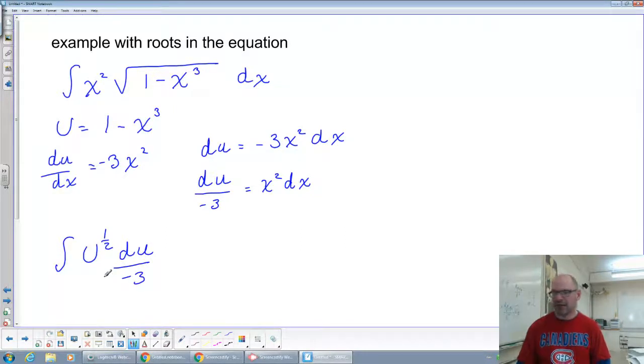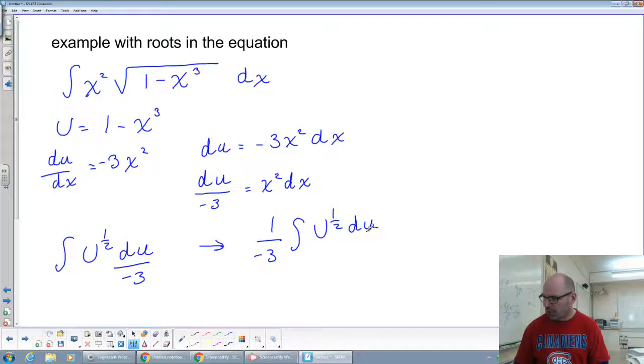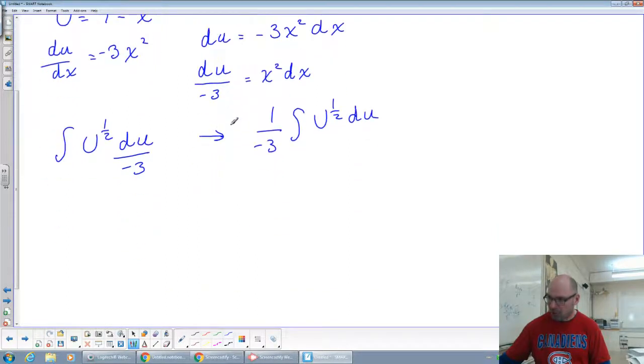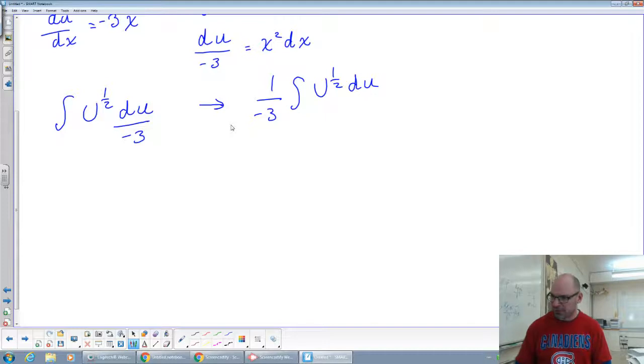We must take the negative 3 out front, put the constant out front. So therefore we would get 1 over negative 3 integration of u to the 1/2 du. Now we can use the power rule when we have this. We just have u to some power with du, where du isn't anything funny. So now we apply the power rule for integration, keeping the 1/3 out front.